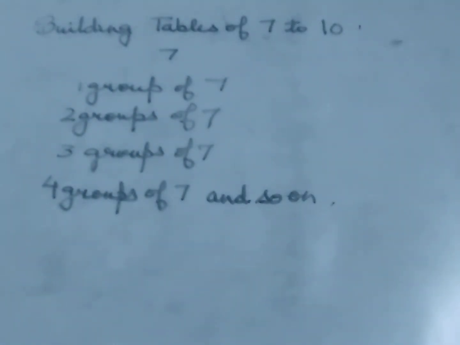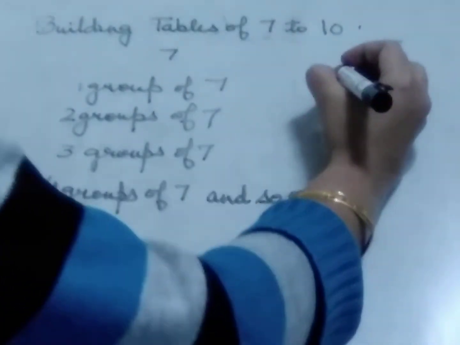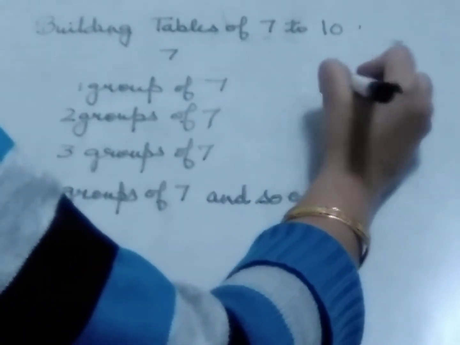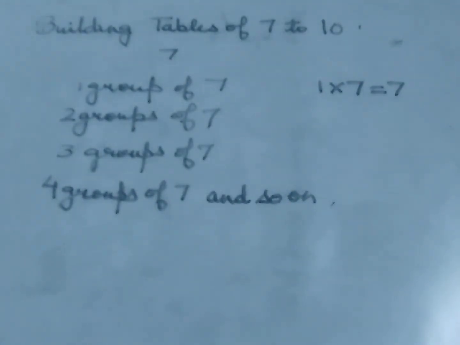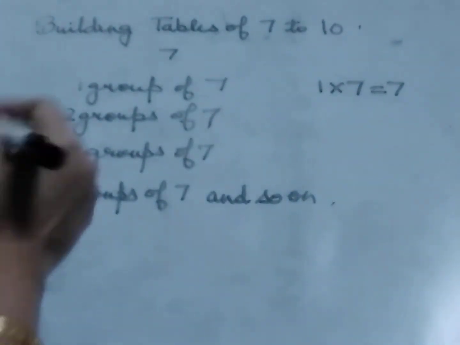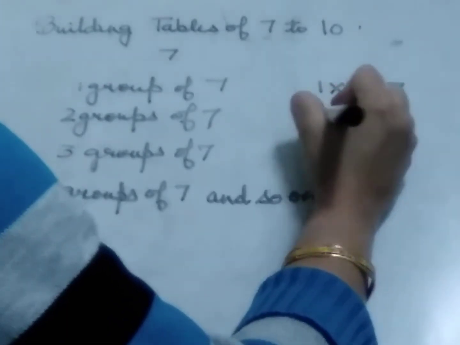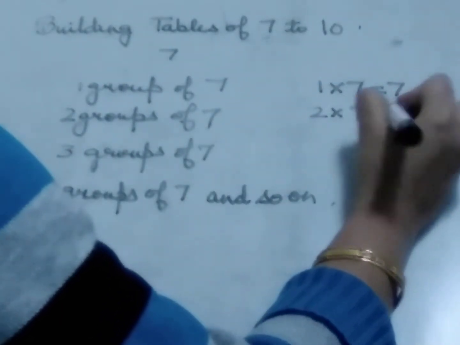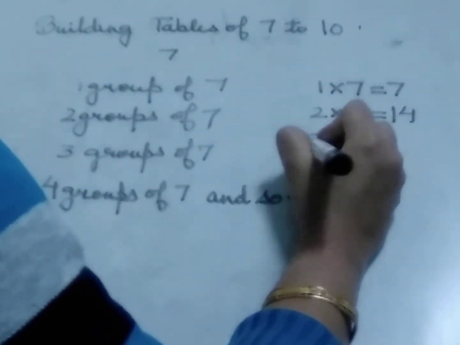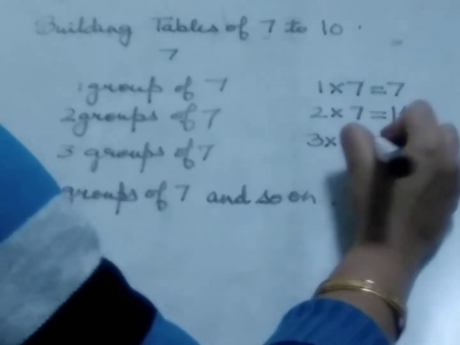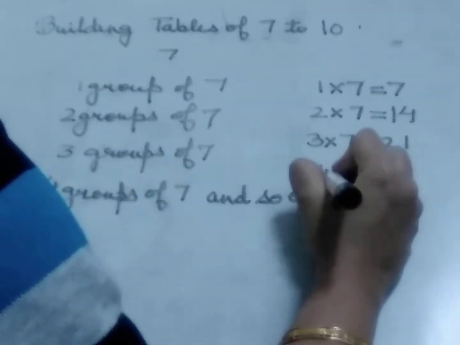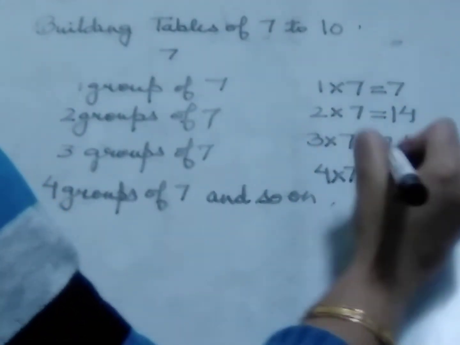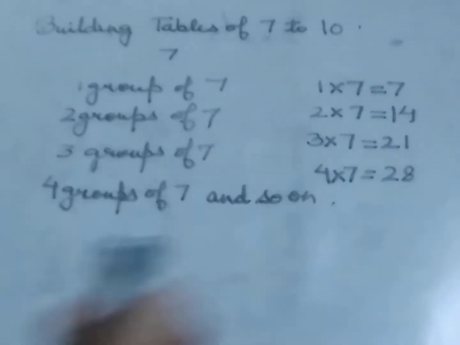That means one group of 7 means 1 multiplied by 7 is equal to 7. Two groups of 7, 7 plus 7, gives you 14. 3 groups of 7, 7 plus 7 plus 7 gives you 21. 4 groups of 7 gives you 28.